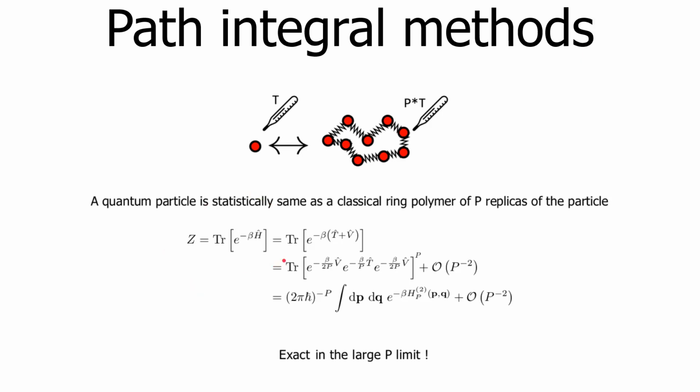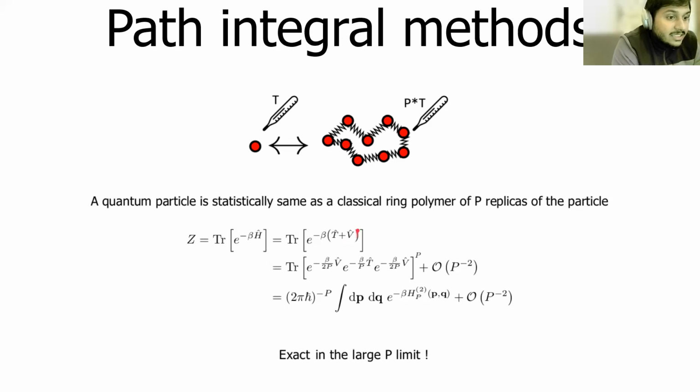Yeah. Okay. Now, if you write the Hamiltonian as T plus V, where T is your kinetic energy and V is your potential energy, then it is not possible to do anything analytic any further because T and V do not commute with each other.